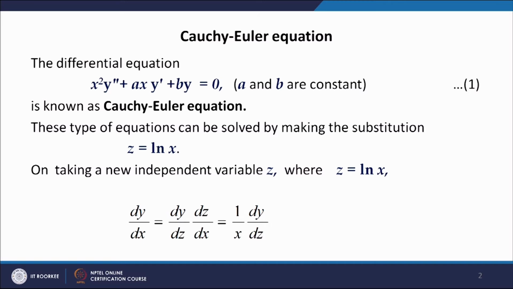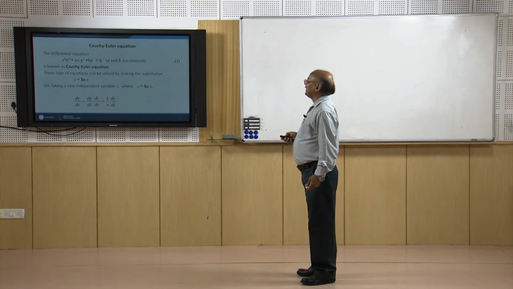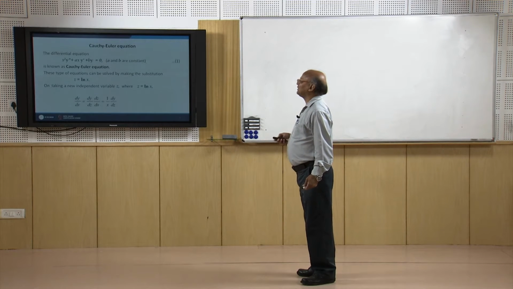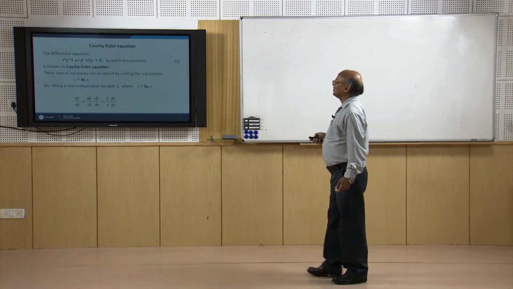Similarly, in the second term the power of x is 1 and the derivative is of first order, and then we have b y equal to 0. So in every term the power of x and the order of the derivative in that term are the same. Such differential equations are called Cauchy Euler equations.